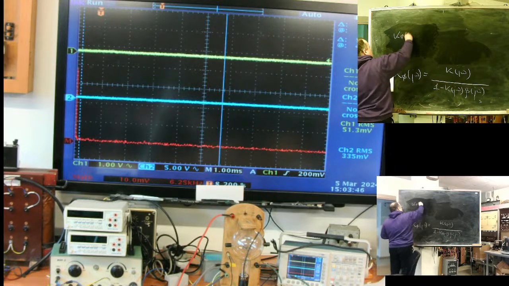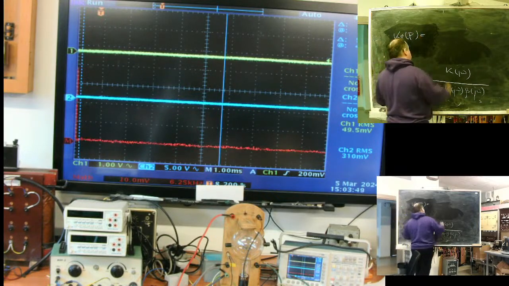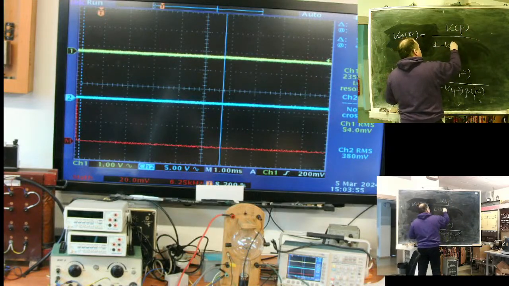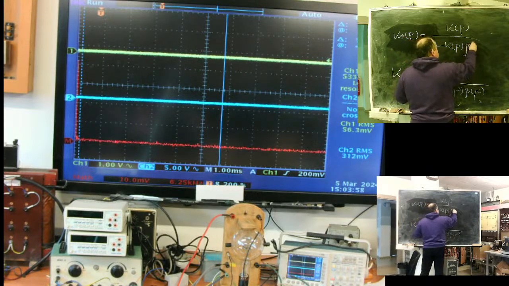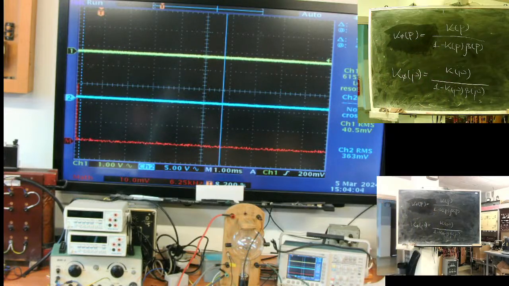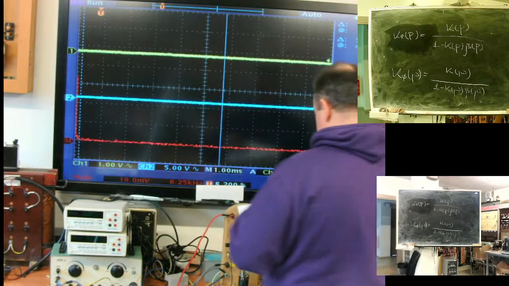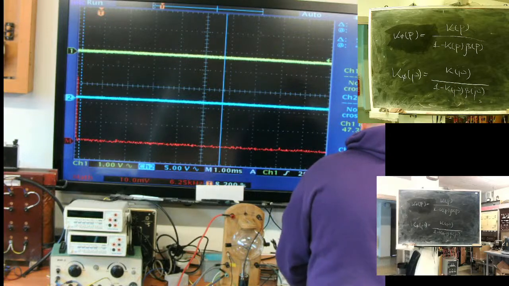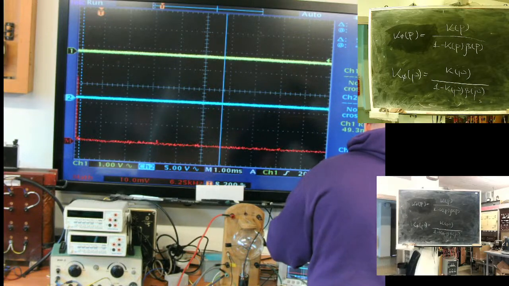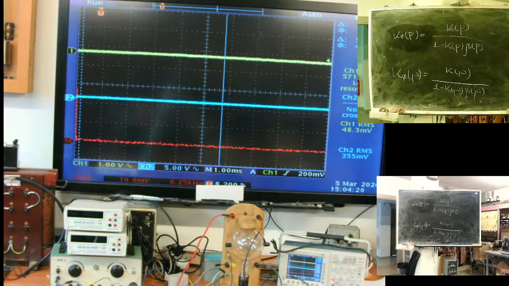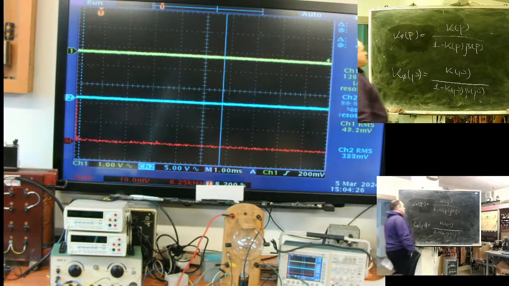So K as a function of Laplace frequency will be direct K divided by 1 minus direct K beta. Actually, we can modify systems with the frequency response with the feedback.